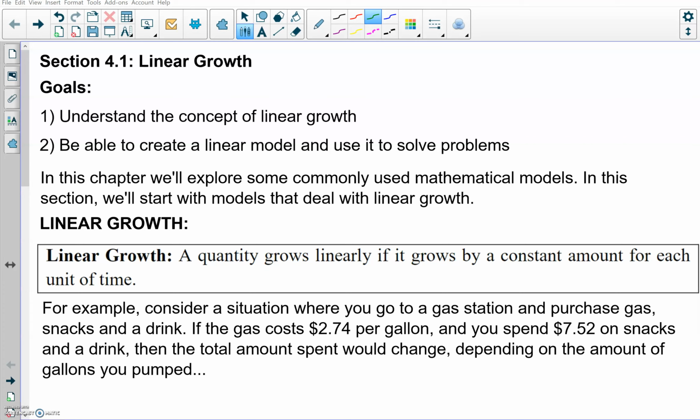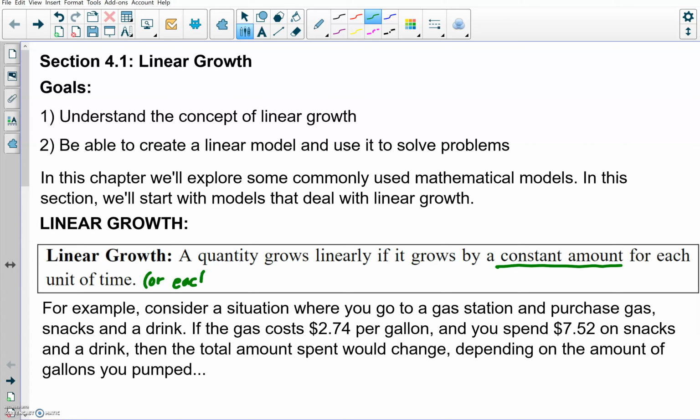So linear growth: a quantity grows linearly if it grows by a constant amount for each unit of time. One thing to keep in consideration here is that it might not always be units of time that are changing. It might just be a step, some sort of other value that's increasing.